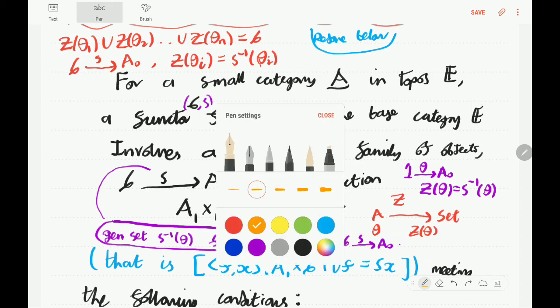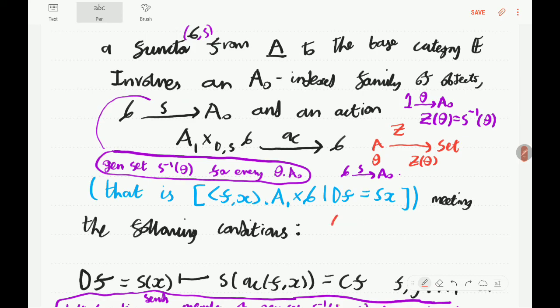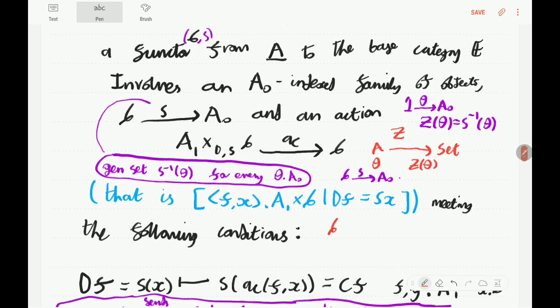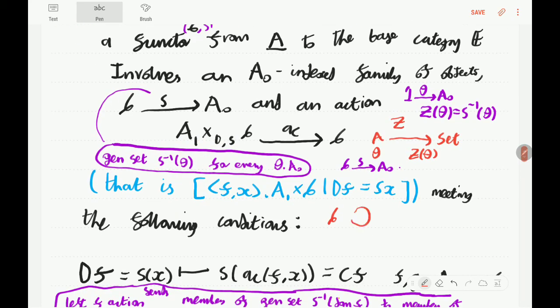Because zeta is like, in set for example, all of these, Z of theta 1 and Z of theta 2 and so on, all unioned together.